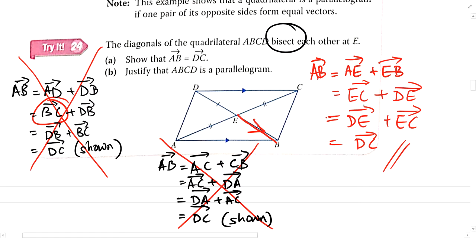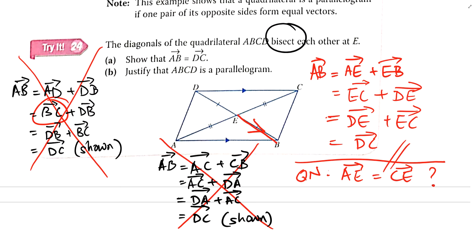AE equals to EC, yes? Okay, so your question is AE equals to CE, is it? So what do you think? Are they equal? It's equal but the direction is not equal.